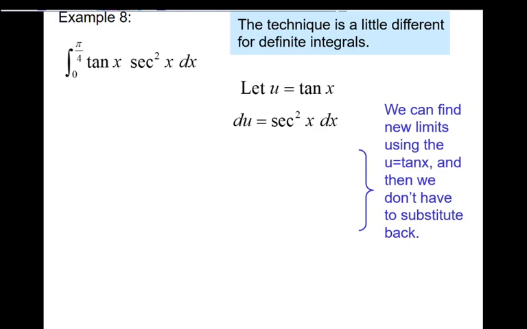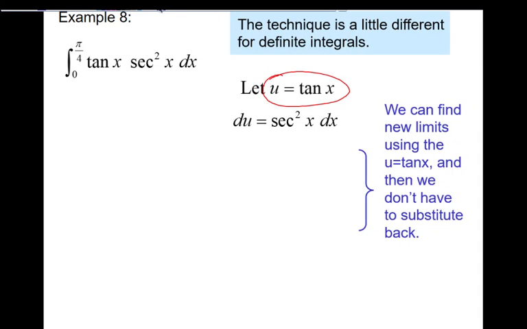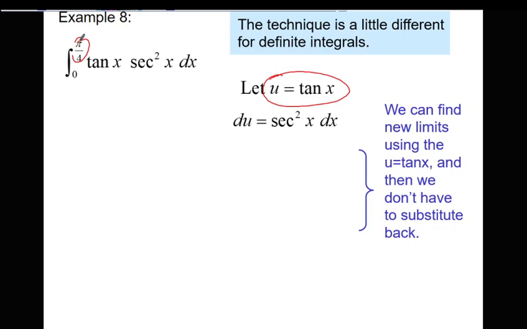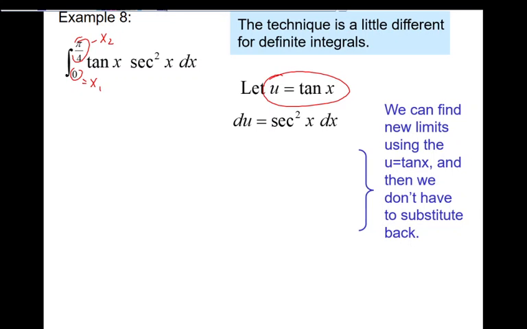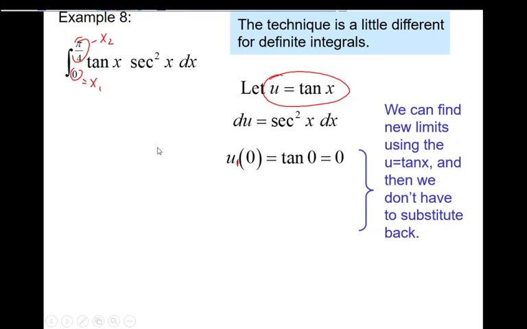This is going to become the equation that we use to find limits in terms of u. Because remember, these right here, this is x1, this is x2. So we're actually going to find what u1 is and what u2 is.